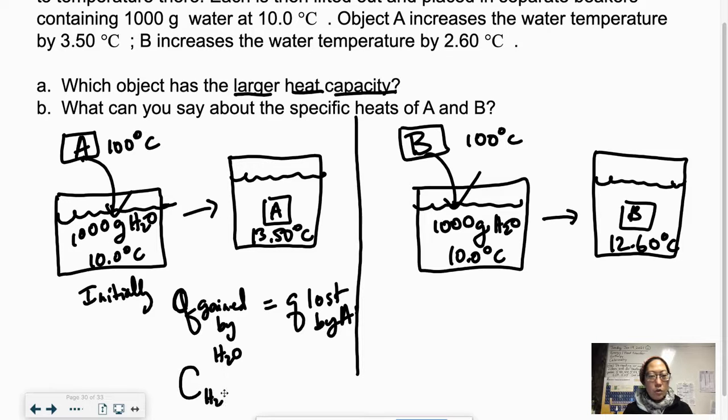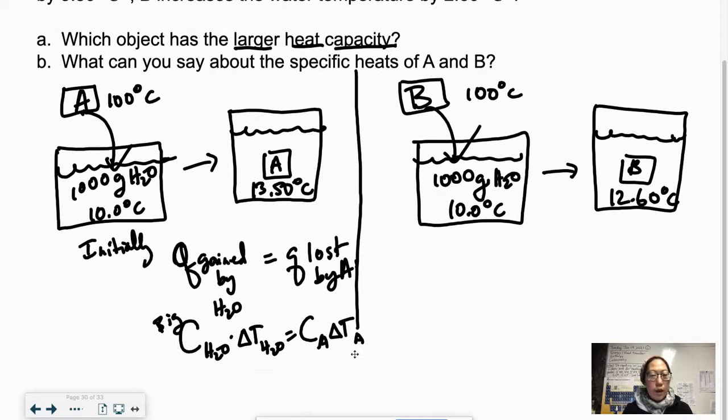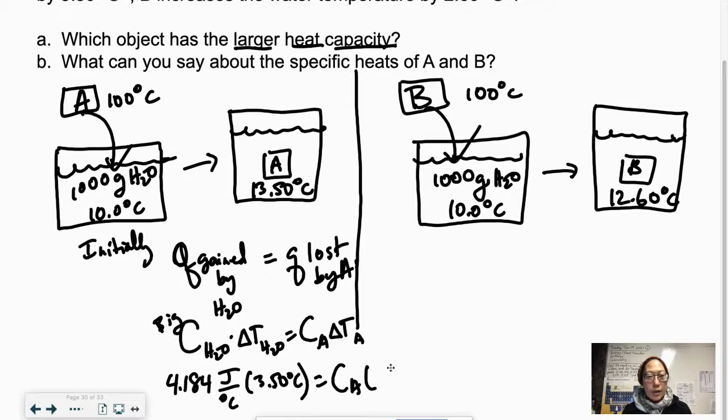C of H2O, this is big C because it's heat capacity, times delta T water equals C of A times delta T of A. And if we look at that equation, we know this big C is 4.184 joules per degree C. The change in the water temperature is 3.5 degrees C. That equals the heat capacity of A, which we don't know, times delta T for A, which goes from 100 minus 13.5, so that's 86.5 degrees C. So we can solve for the heat capacity of A.